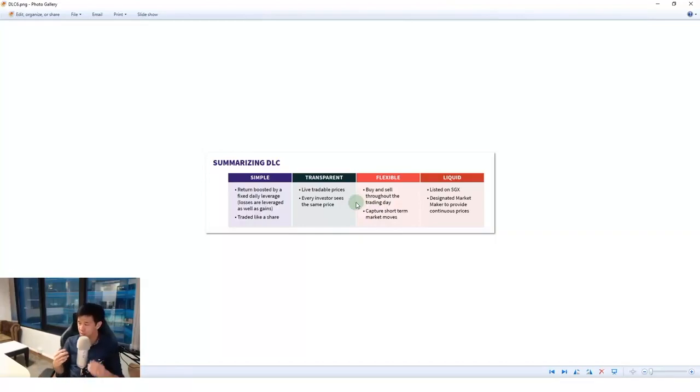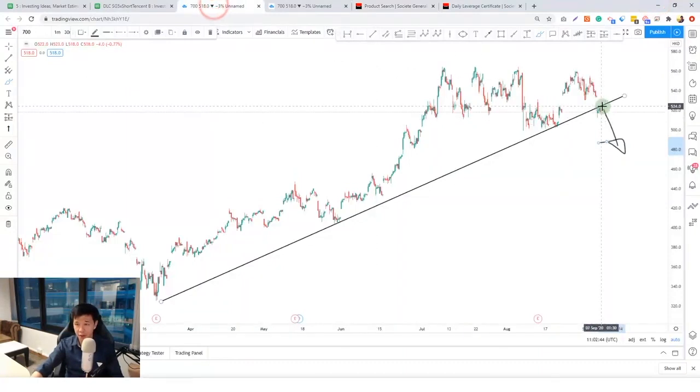But let's just say after the chart we drew over here, we are feeling very bearish on Tencent, and we're expecting Tencent to really plummet. If we don't have a DLC, we don't have a leverage style of return.